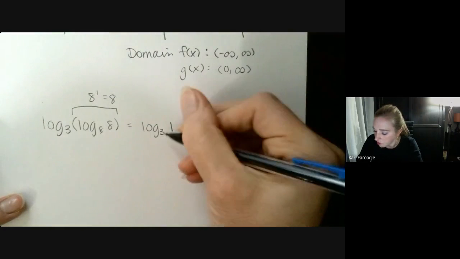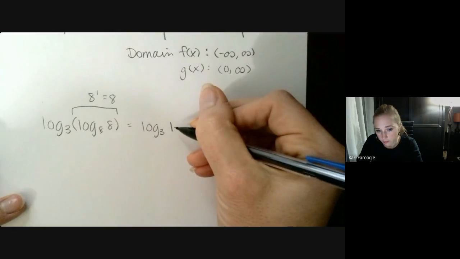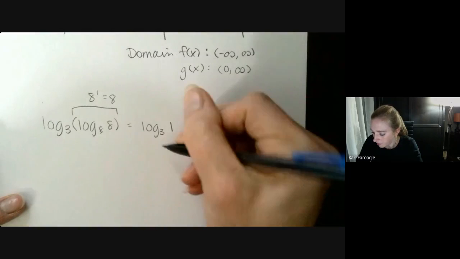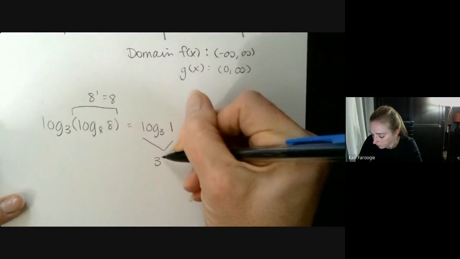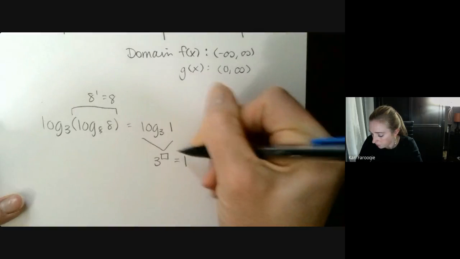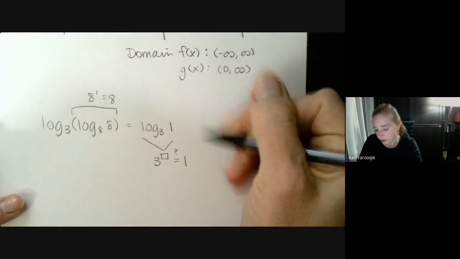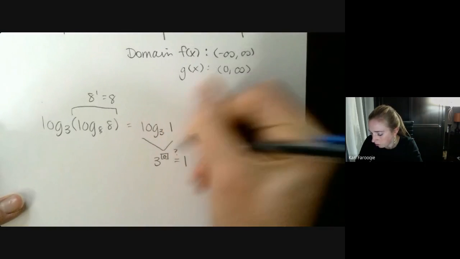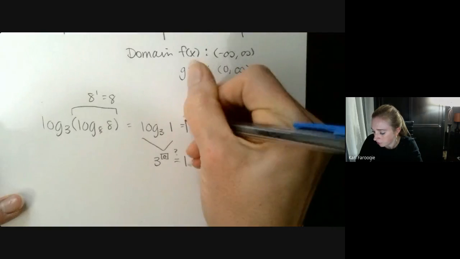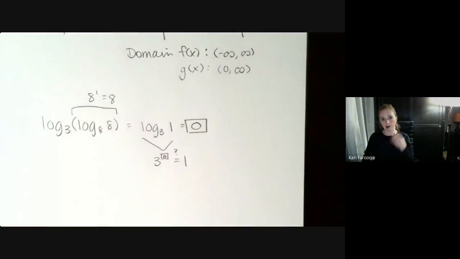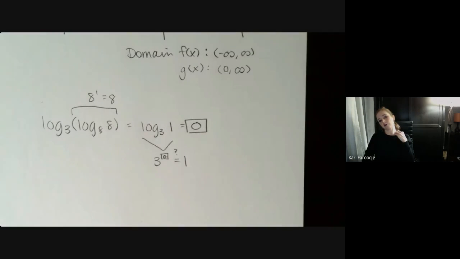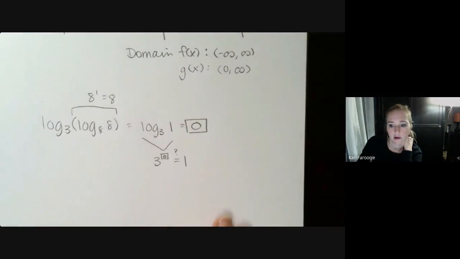So now you're asking yourself, log base 3 of 1 is what number? That means that 3 to what power equals 1? And we know that any number to the 0 power equals 1. I saw a lot of zeros in there. Not everybody, but I saw a lot of zeros. So 0 is the correct answer. Any questions on that one?